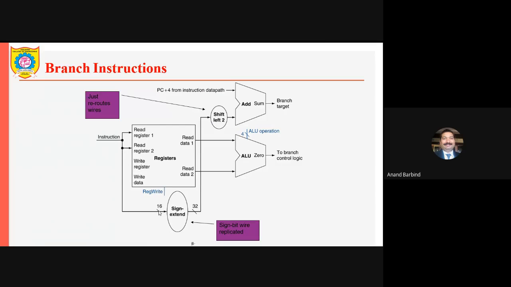The instruction contains that particular 16-bit number. It is sign extended to 32-bit by this sign extension unit. When the number is converted from 16-bit to 32-bit, it is converted so that if the number is positive, it remains positive, and if the number is negative, it remains negative, because the MSB of that number signifies the sign of that number.